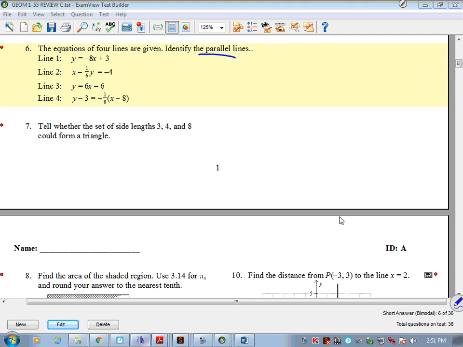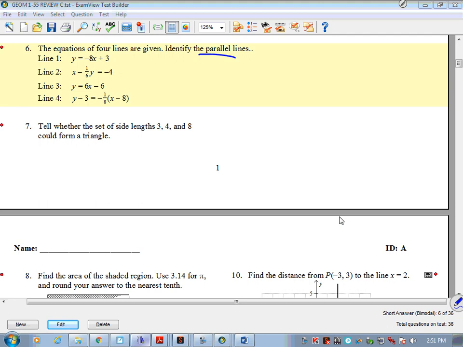We can tell right off the bat, lines 1 and 3 are already in slope-intercept form, and they're not parallel to each other. One has a slope of -8, or -8 over 1, and the other one is up 6 over 1. But what we do need to do is convert line 2 and line 4 to slope-intercept form.